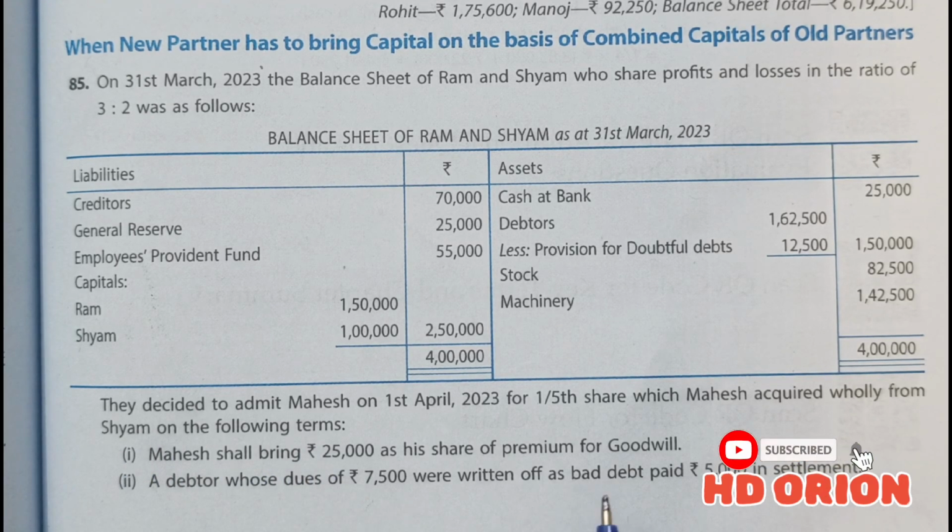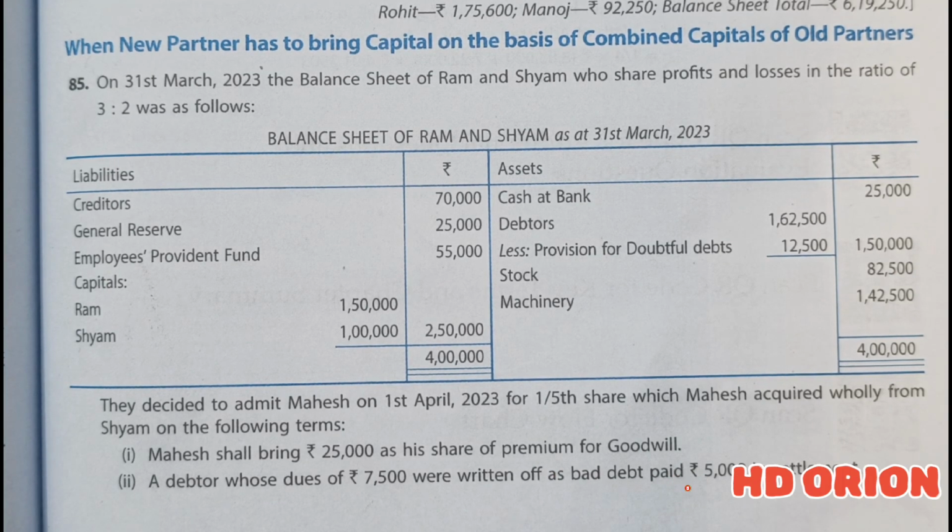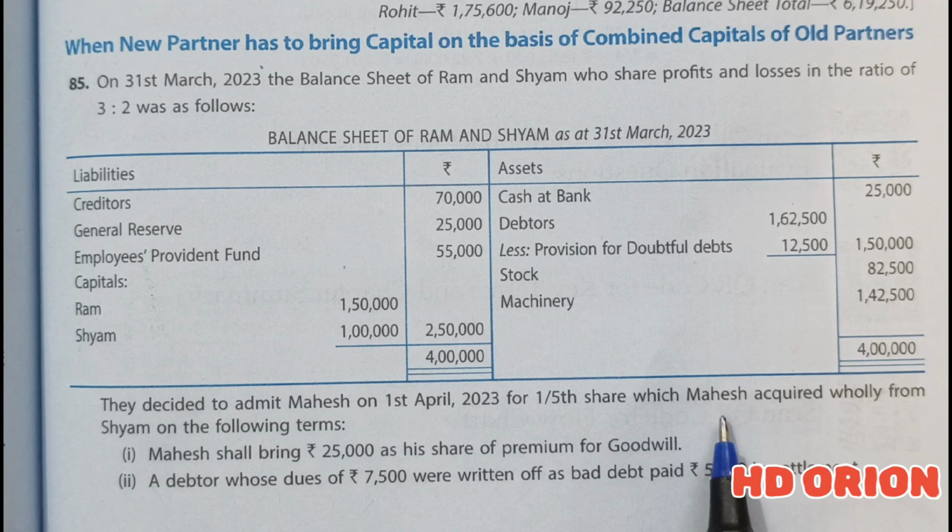following terms. Now this statement tells us who is the sacrificer. In order to accommodate new partner Mahesh as a partner, some portion of the total profit has to be sacrificed by the old partner in favor of the new partner. Here, that sacrificer is Shyam, and Shyam's portion is sacrificed in favor of Mahesh. So whatever amount Mahesh brings as premium for goodwill will be paid to the sacrificer Shyam.